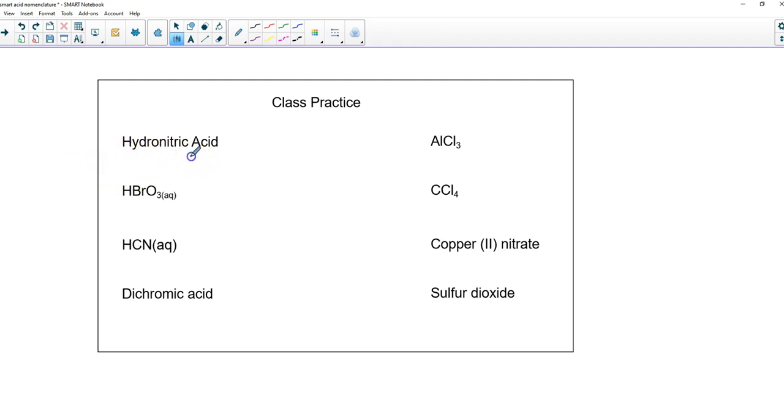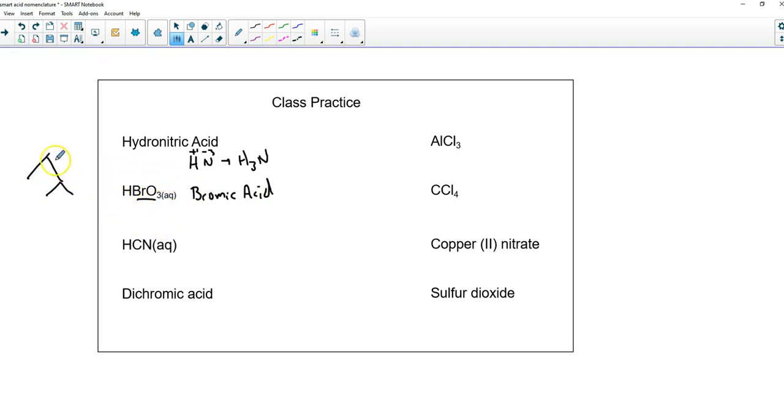Hydronitric acid, that's going to be HN, plus 1 minus 3 equals H3N. This is bromate, so it's going to be bromic acid. As I go through these things, I'm automatically going through a bit of a pathway in my brain. First pathway is oxyacid.